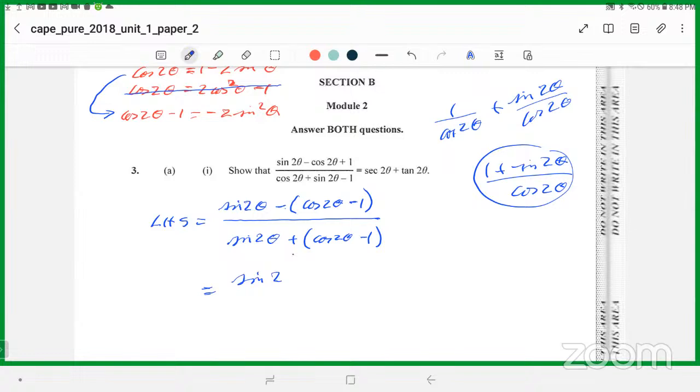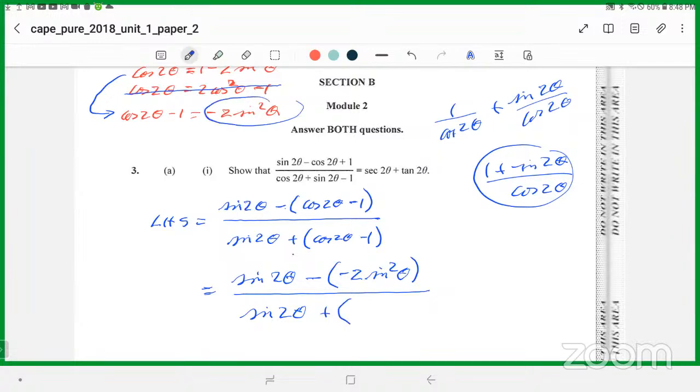Sine 2 theta minus bracket, I'm going to put negative 2 sine squared theta in there, over sine 2 theta plus bracket, I'm putting this in there as well, minus 2 sine squared theta.